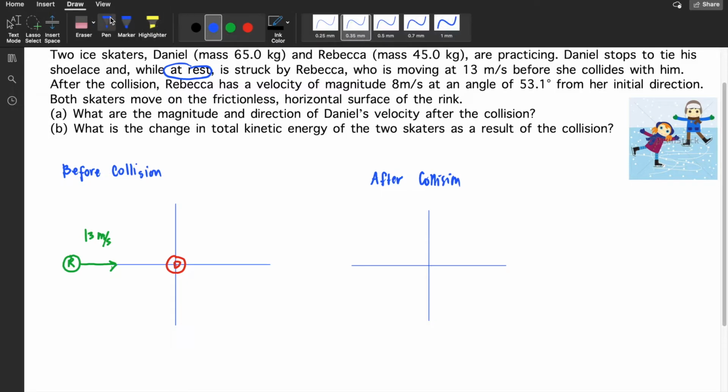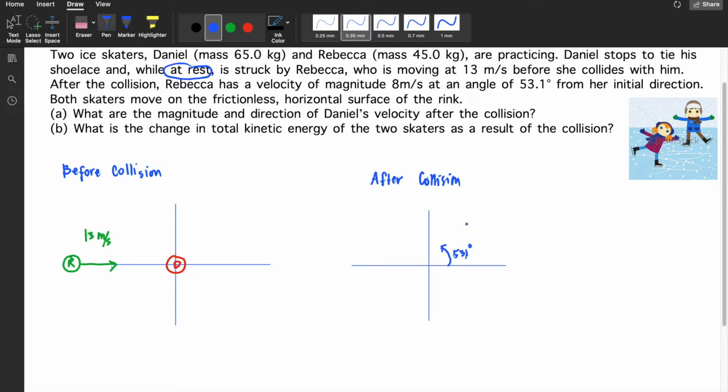Next, we'll draw the situation after collision. The two particles collide at this point here. Rebecca has a velocity of 8 meters per second at an angle 53.1 degrees from her initial direction, so you'll measure 53.1 degrees from here.